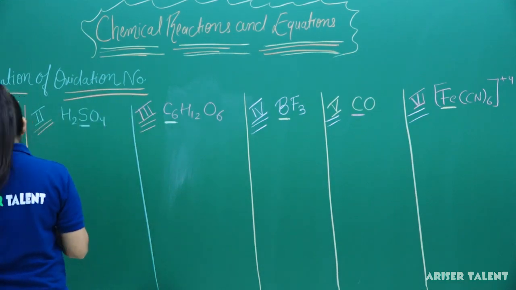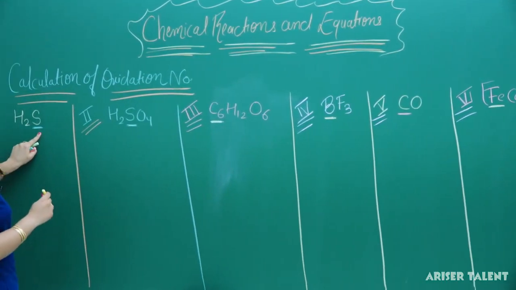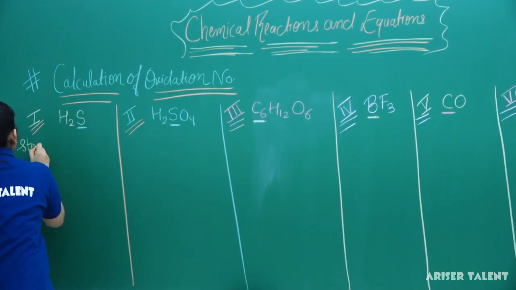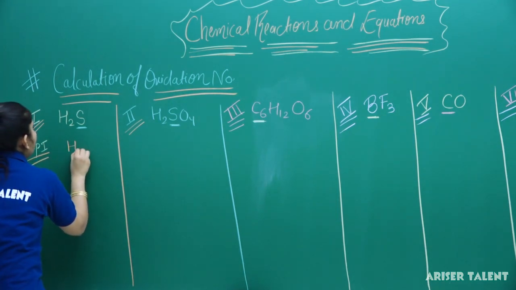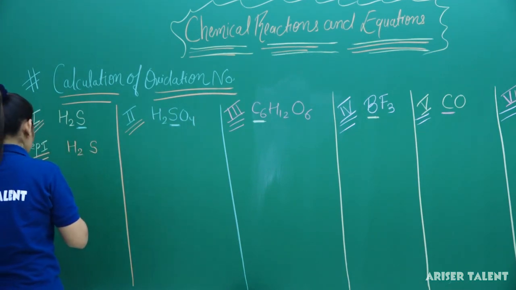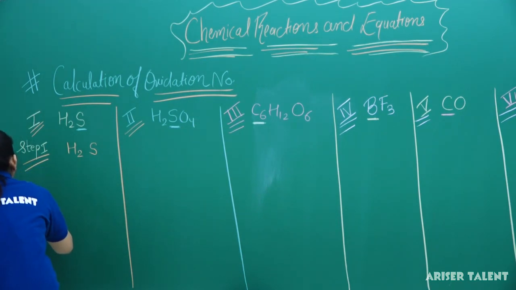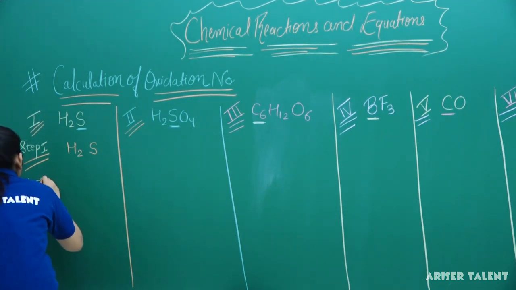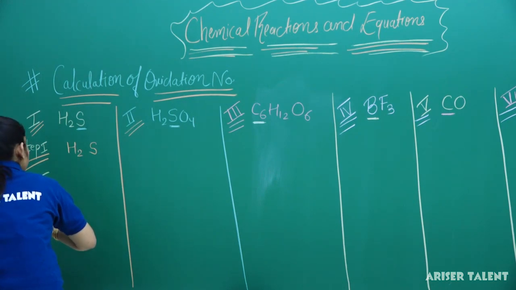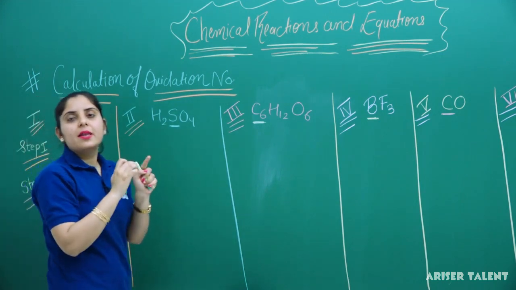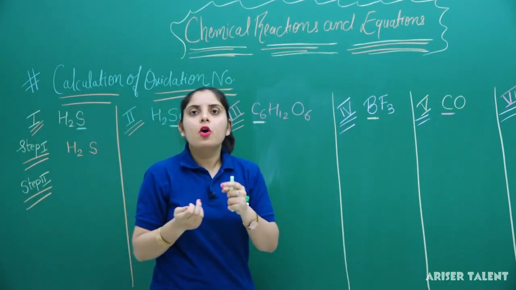So I am finding the oxidation number of sulfur in H2S. In step number 1, we will write the formula of that compound. The formula of that compound is H2S. Now, in step number 2, we will write the charges of these elements as we have learned according to the periodic table.